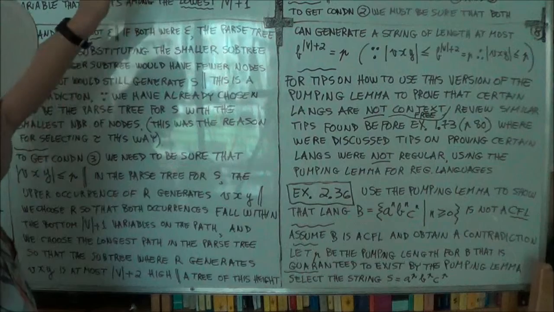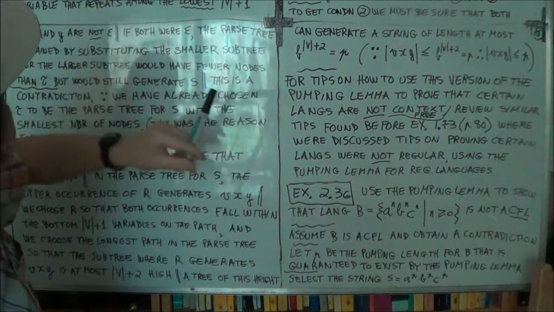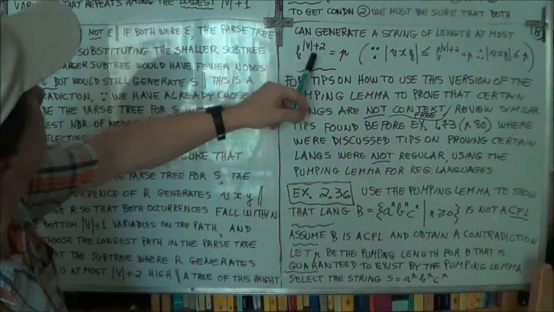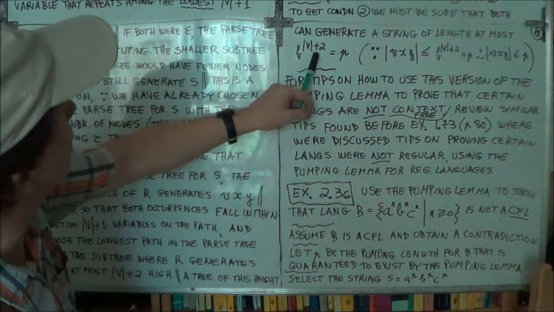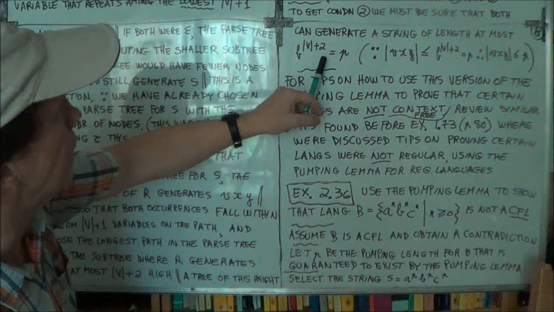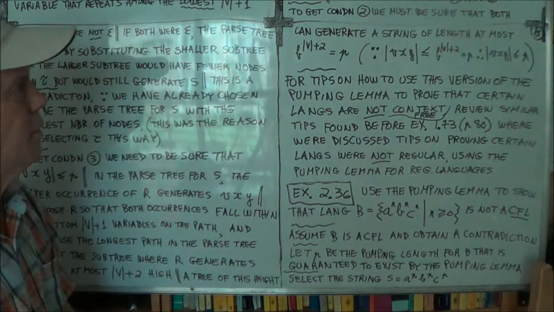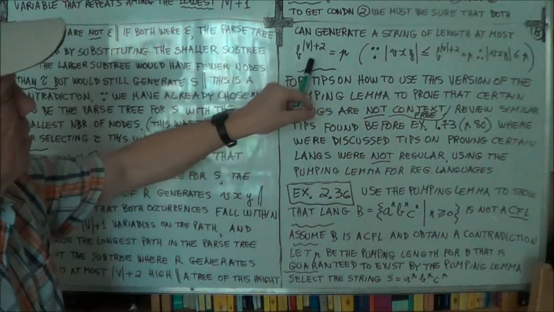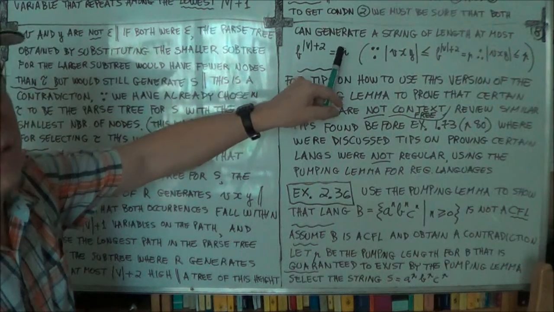That doesn't make sense, because we defined P to be b to the mod V plus 1. Now I'm getting a little confused. Sorry, I thought I'd clicked, but I haven't fully.